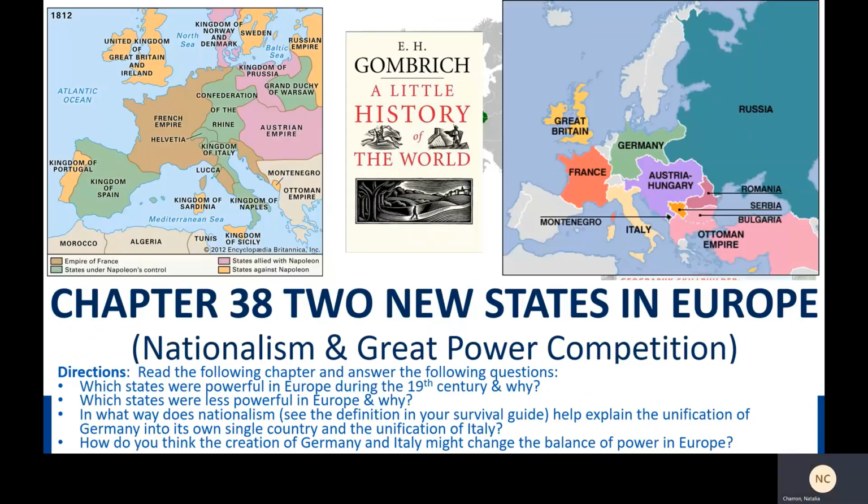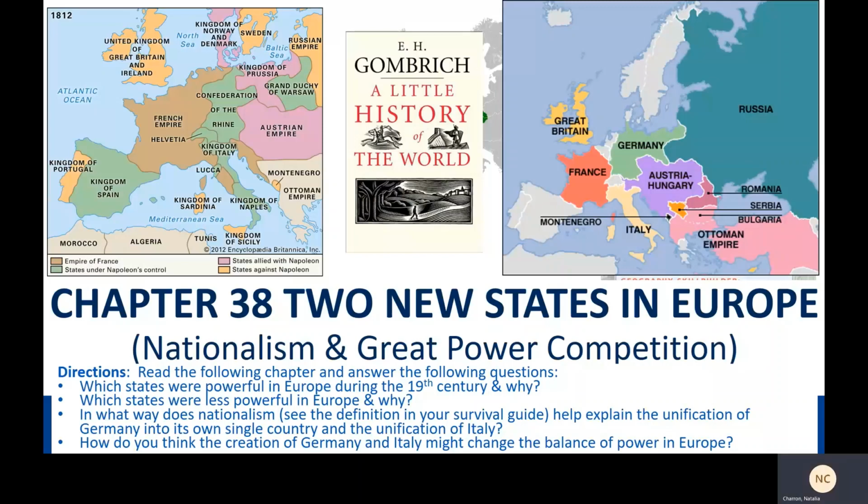We're going to be looking at this part of the story with the help of E.H. Gombrich's A Little History of the World, looking at chapter 38, Two New Nation States in Europe. As we go through this chapter, consider which states were powerful in Europe in the 19th century and why?